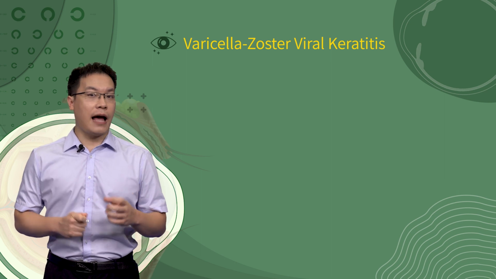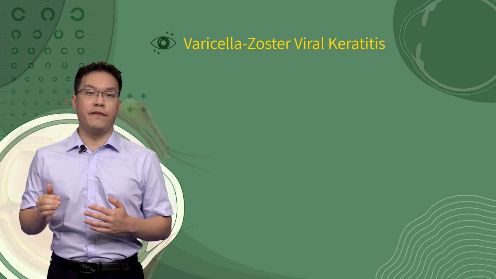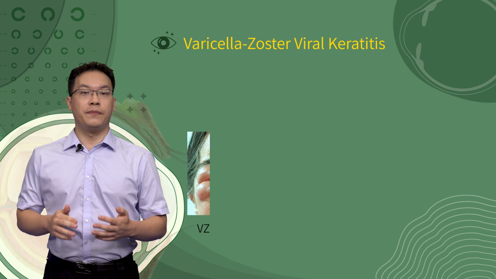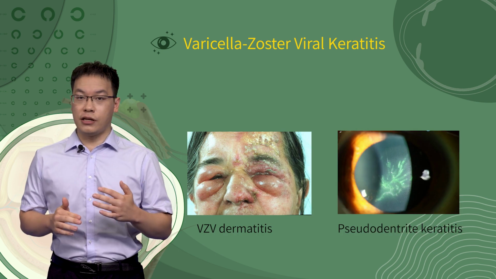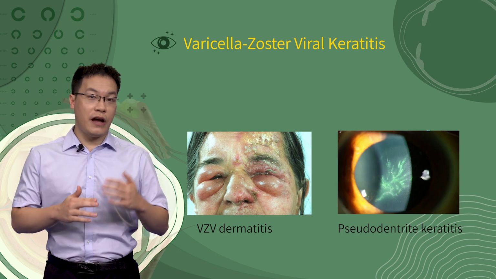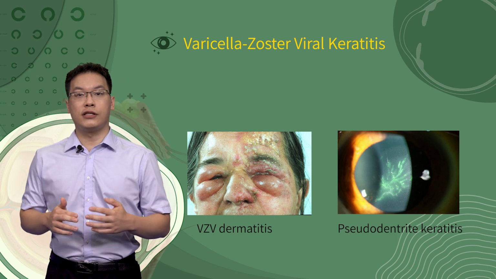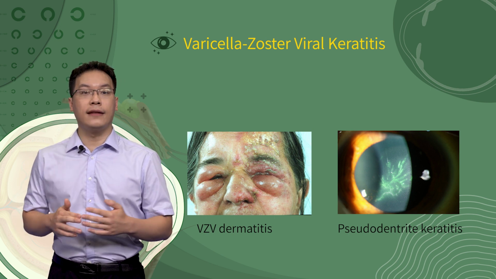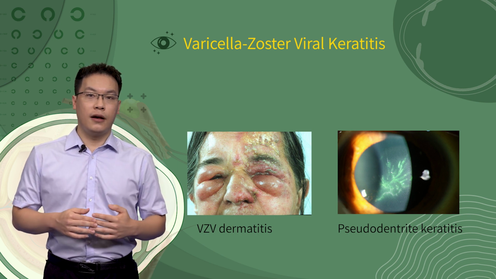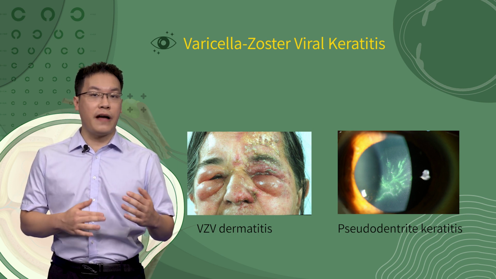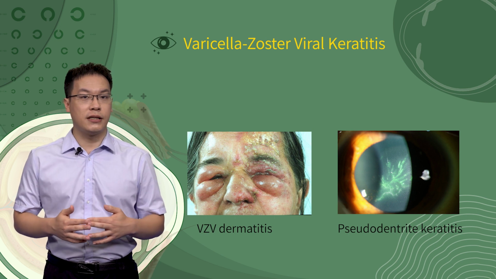Let's have a basic understanding of another viral keratitis caused by the varicella zoster virus. The varicella zoster virus, called VZV, causes both varicella and herpes zoster. VZV belongs to the family of herpes viruses.